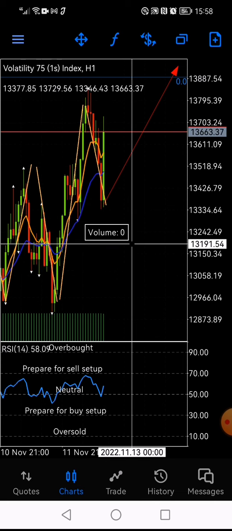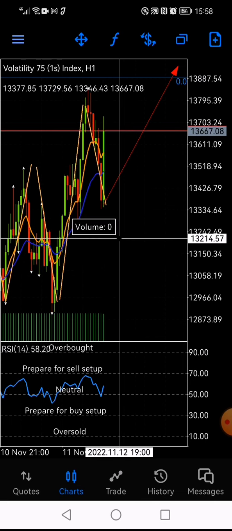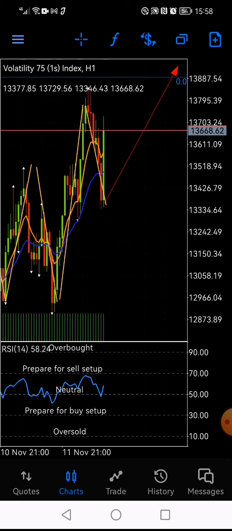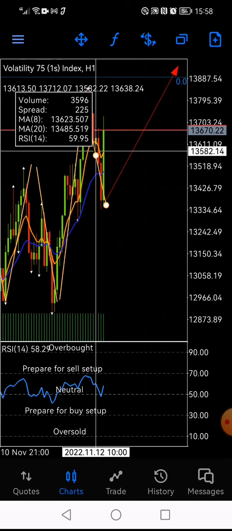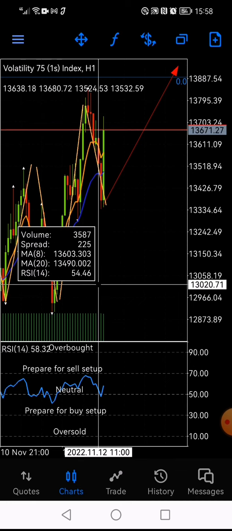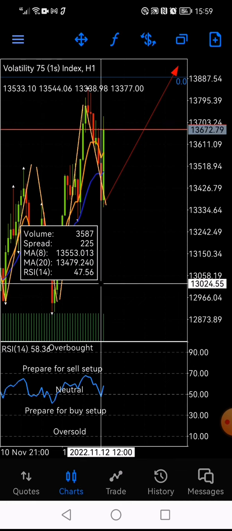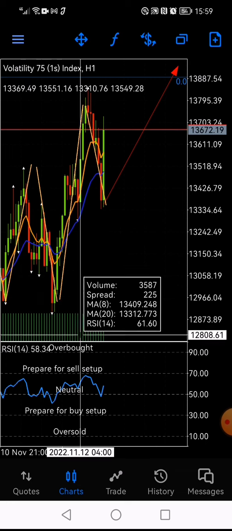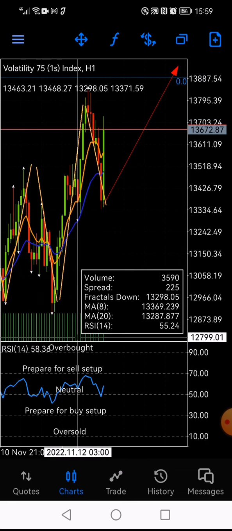As much as the price was opening in this bar, we could have placed a buy stop at this high of 13,544, and our stop loss right here at this fractal low of 13,298.